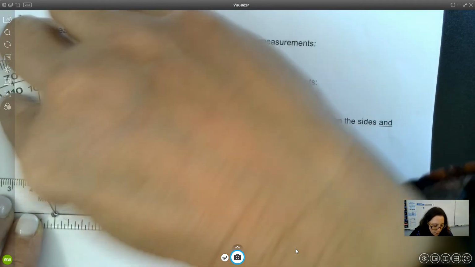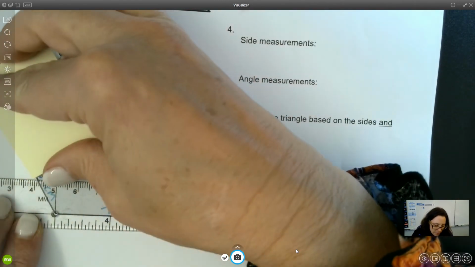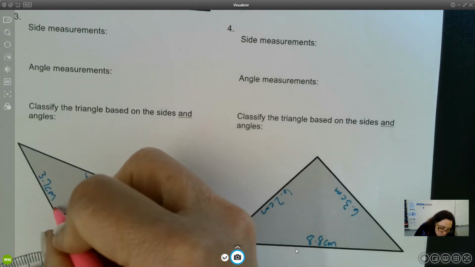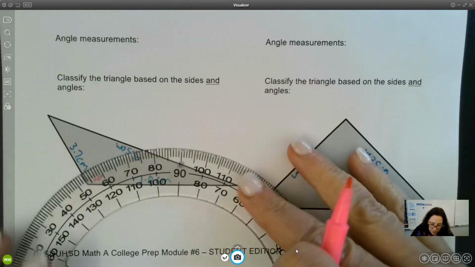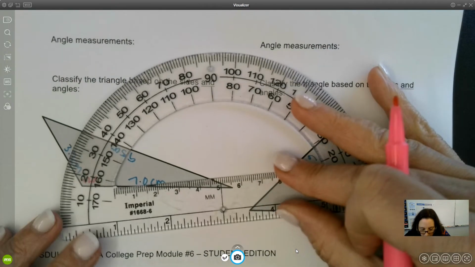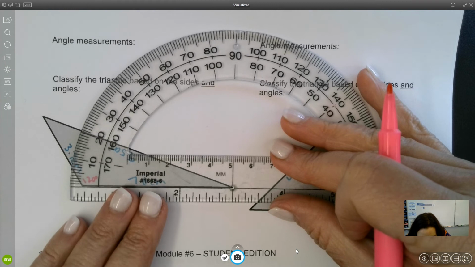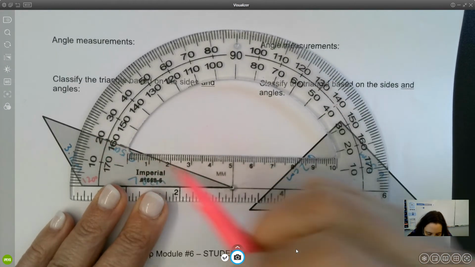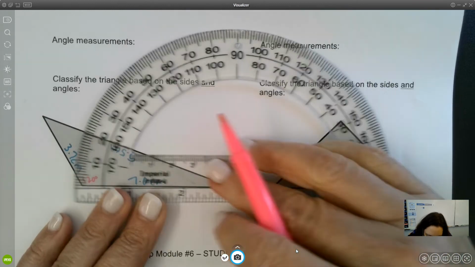Okay, it goes through the 120 or the 60. It's a fat angle bigger than 90. I'm taking the 120. This is 120 degrees. This guy right here is 20. This guy right here goes through the 20.